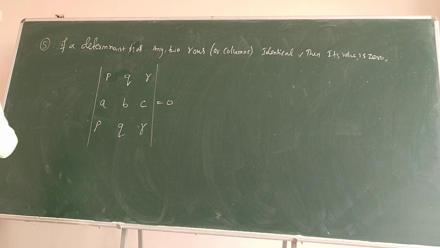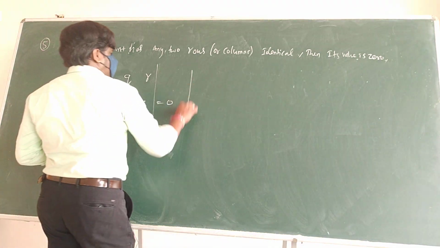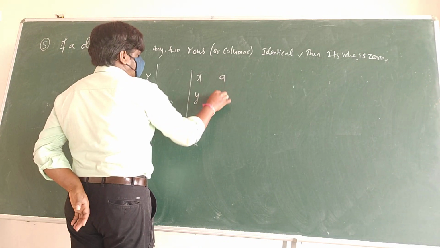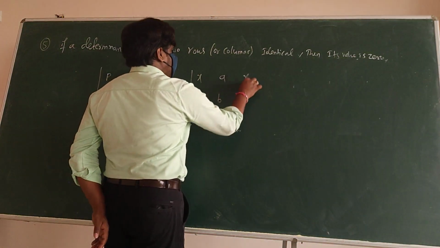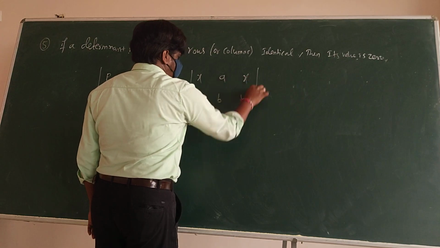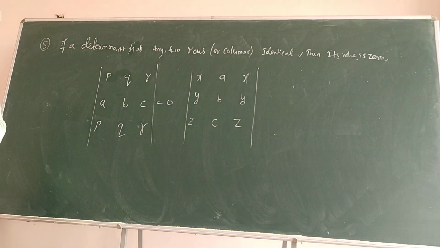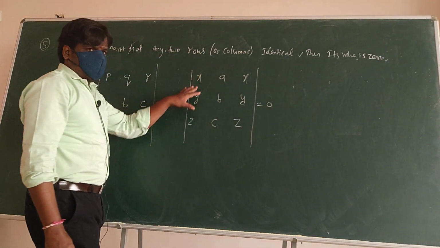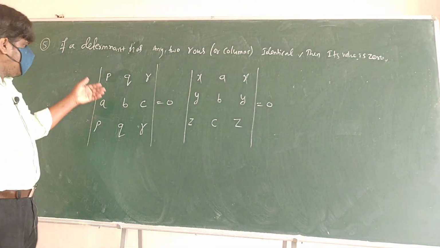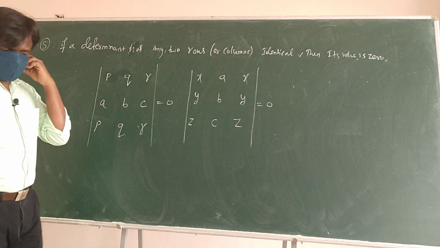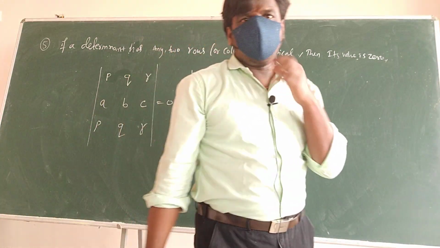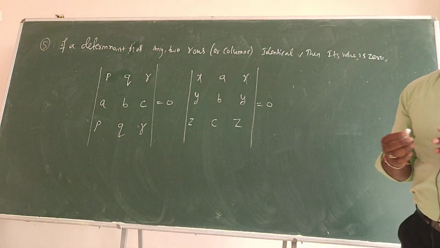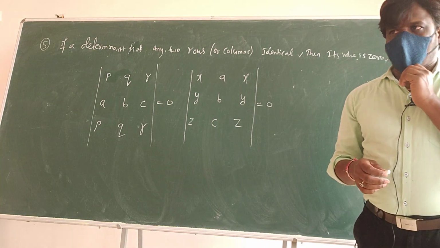Okay, so by properties of determinants, suppose you have x, y, z, a, b, c, x, y, z. What is the value? 0. Because here column 1 and column 3 are identical. Row 1, row 3 are identical. If any determinant has any two rows or any two columns identical, then the determinant value is 0.